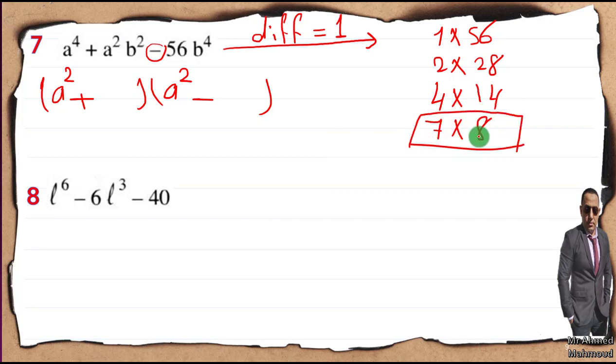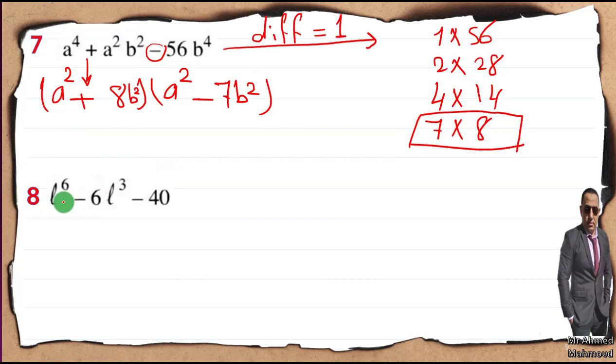I'm going to write 8 with the middle sign. The middle sign is plus, so I'm going to write 8 here and 7 here. Don't forget b power of 4, so I'm going to write b power of 2 here and b power of 2 here. Okay, the expression will be like this.